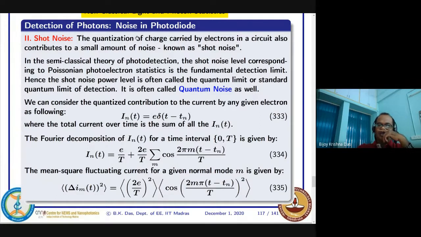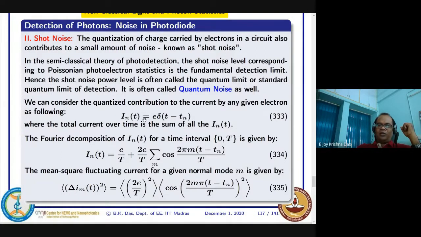The shot noise level corresponding to Poissonian photoelectron statistics is the fundamental detection limit. Because it is just the quantization of electrons, it is a fundamental limit, a quantum limit, and that is why sometimes it is also called quantum noise.